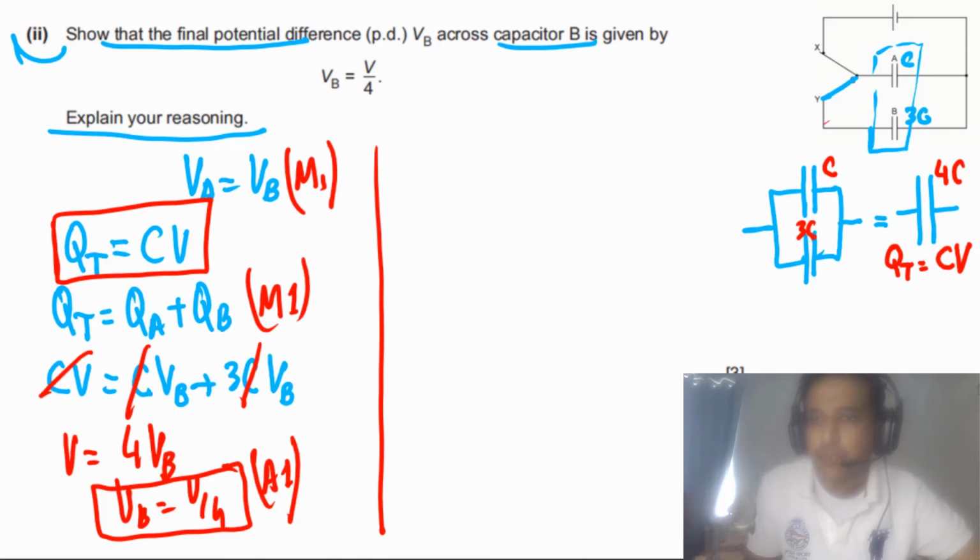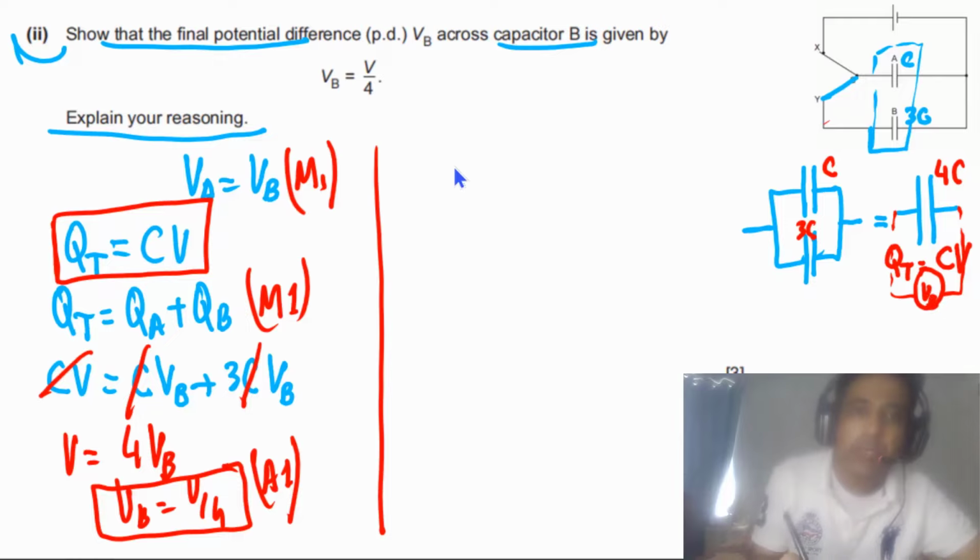Now we need to find out what the PD across this capacitor is. We can also imagine we connect a voltmeter across this one. The question is asking us to find the value of V. We have said this V is VB. So we can simply say Q is equal to CV, meaning Q total is equal to C total times VB.